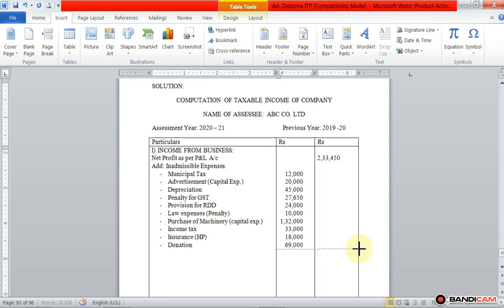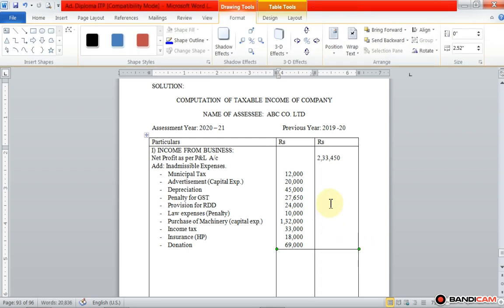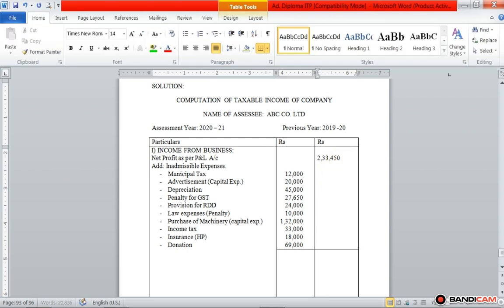So here total is equal to 12,000 plus 20,000 plus 45,000 plus 27,650 plus 24,000 plus 10,000 plus 1,32,000 plus 33,000 plus 18,000 plus 69,000.